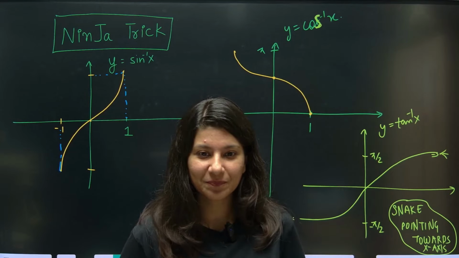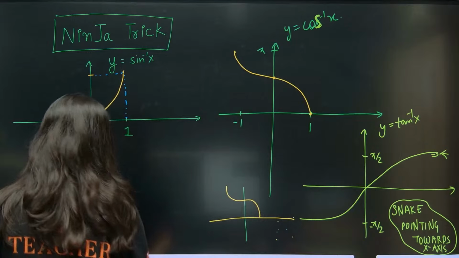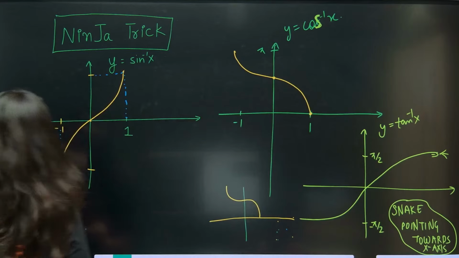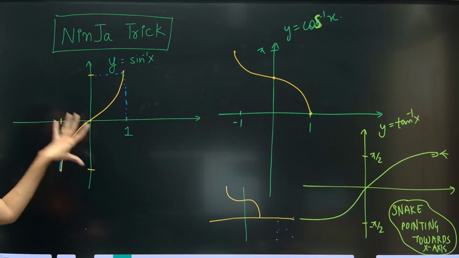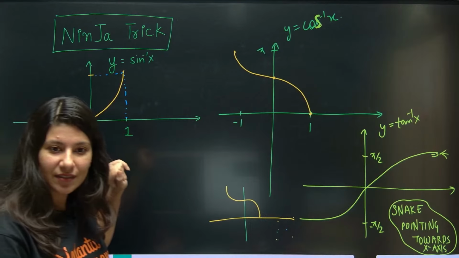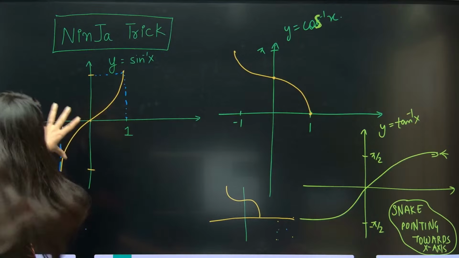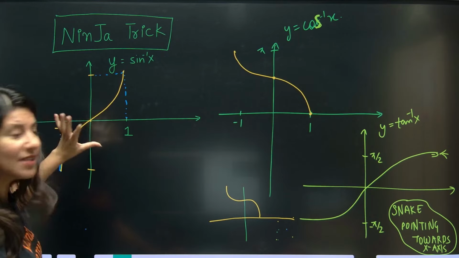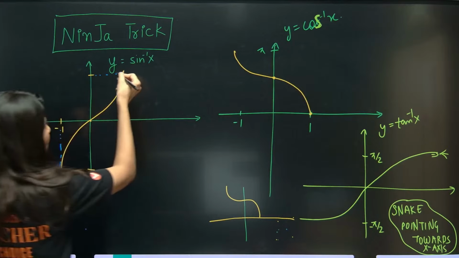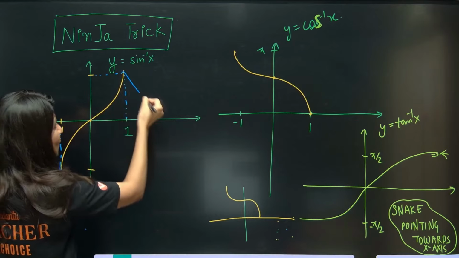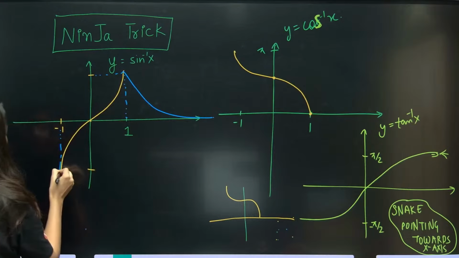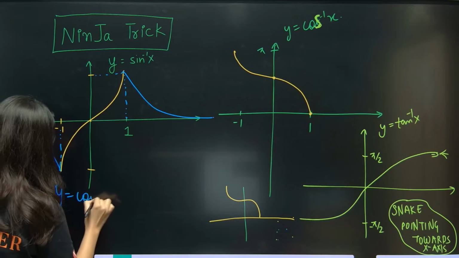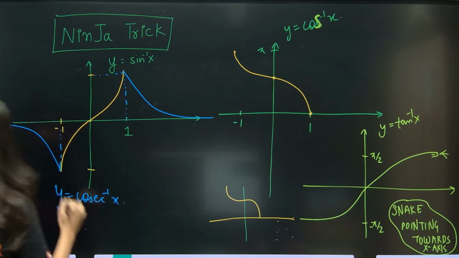For these, you first draw sine inverse. Sine inverse is drawn now. Then you just need to do this with sine inverse, and you are done. So this is y is equal to cosec inverse x.